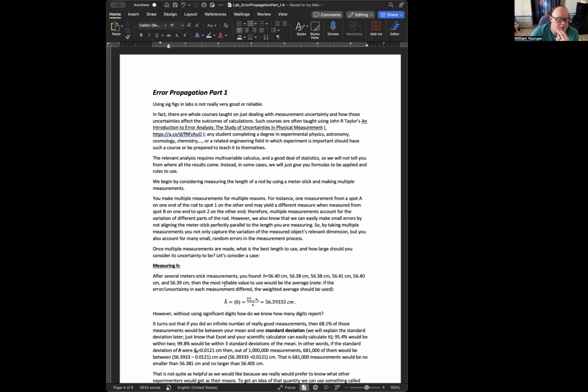All right. So now that we have that idea of taking multiple measurements and then taking a mean to represent the best possible measurement of that quantity, then you want to know things like, well, where do we round numbers to? And what if I use that number to actually calculate, let's say, the volume? Like earlier, I was telling you in that previous lab, we're going to measure the length, the width, and the height of a rectangular solid.